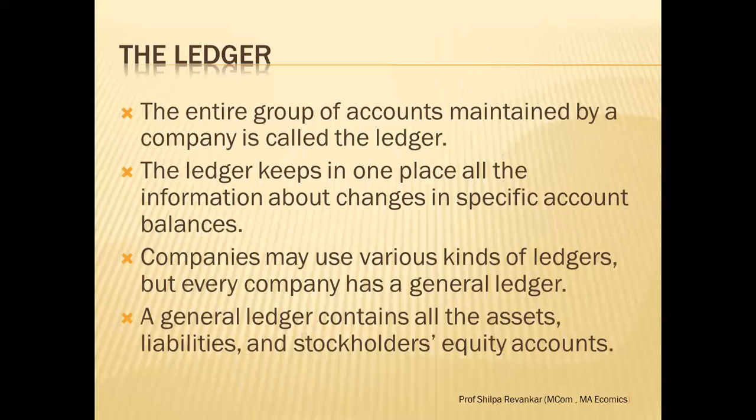So all the different accounts, say liabilities, assets, current assets, capital, interest, expenses, everything in detail, are kept in a book which is called a general ledger. Based on the requirement and the scale of the company, we may have different types of ledger also. There may be specific account ledgers or there may be one general ledger where everything is recorded. It depends on the scale of the business.